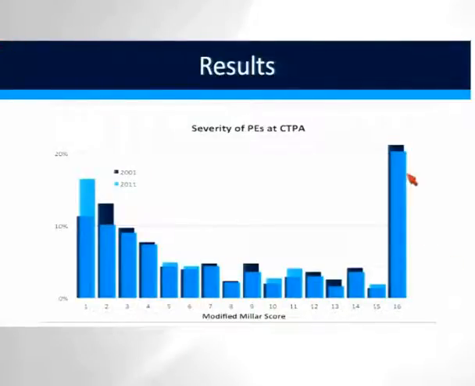As you can see, the Miller score 16, the largest emboli, we're still diagnosing more frequently than any of the other pulmonary emboli. There's perhaps been proportionally a slight reduction in Miller score 16s. And at the other end, we see that there's about a 5% increase in the Miller score 1s, the smallest emboli. But the overall pattern hasn't changed too much. There's perhaps a slight tilt in that direction.